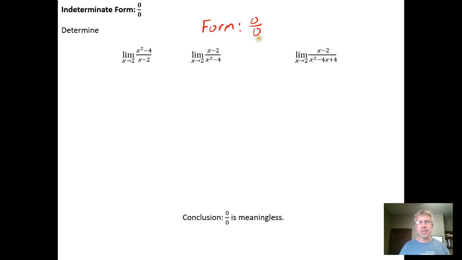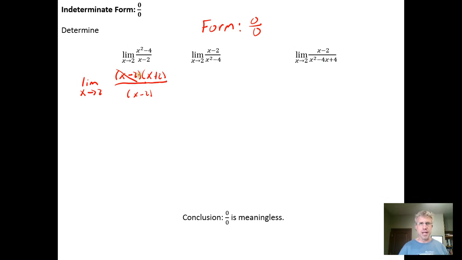And what we want to identify is that although they have the same form, their limit is different. So for this one, if you remember the technique that we learned to deal with taking the limit as x goes to 2 of a ratio of two polynomials, we tried to factor. So the numerator factors as x minus 2 times x plus 2. We try to factor, and then if there are common factors, we cancel.